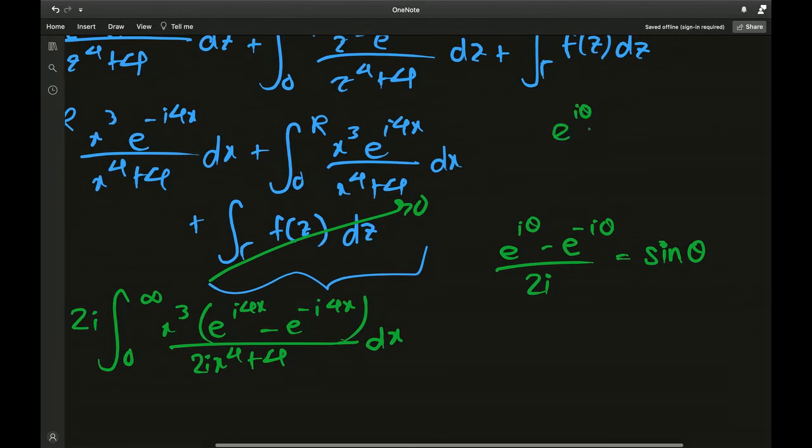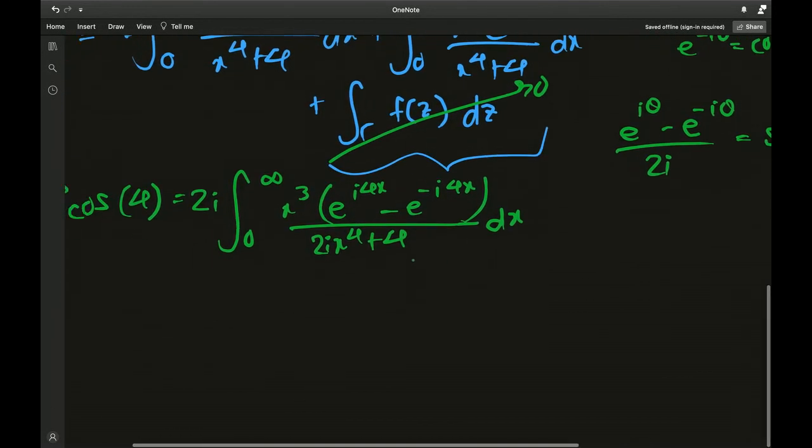e to the i theta is cosine theta plus i sine theta by this identity, and if you take the negative variant of that and take the difference of them and divide by 2i, you get a formula for the sine.